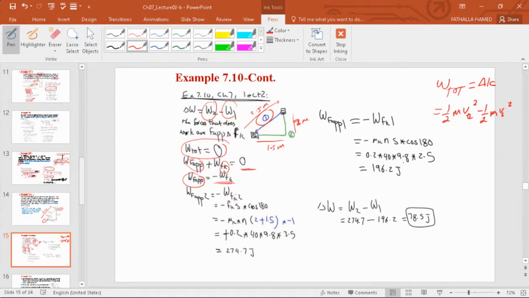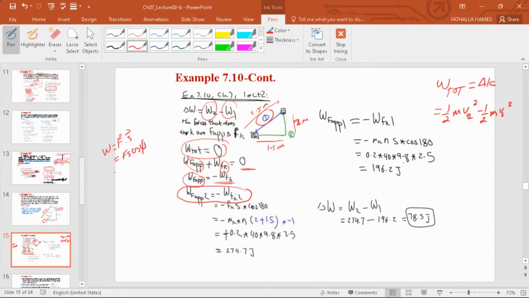So if we take the second case, then we'll say the work done by the applied force along path 2 should equal minus the work done by friction along this one. You know that when you talk about work, it is F dot S, which is equal to F s cosine phi.